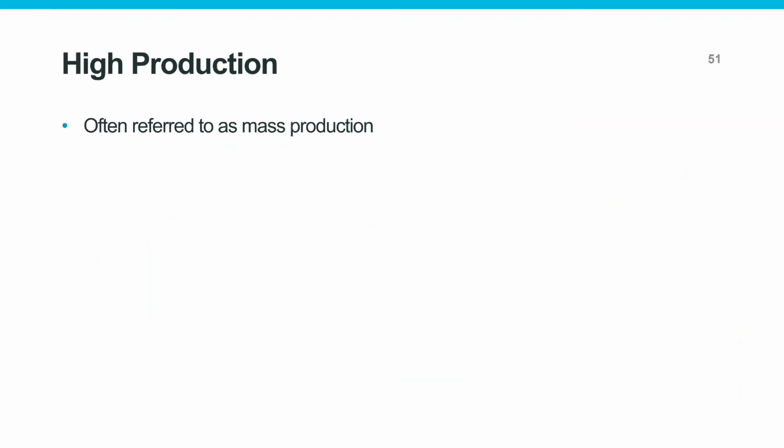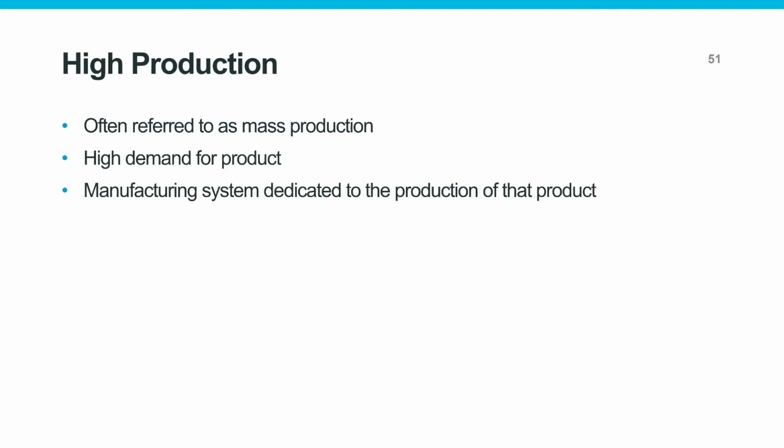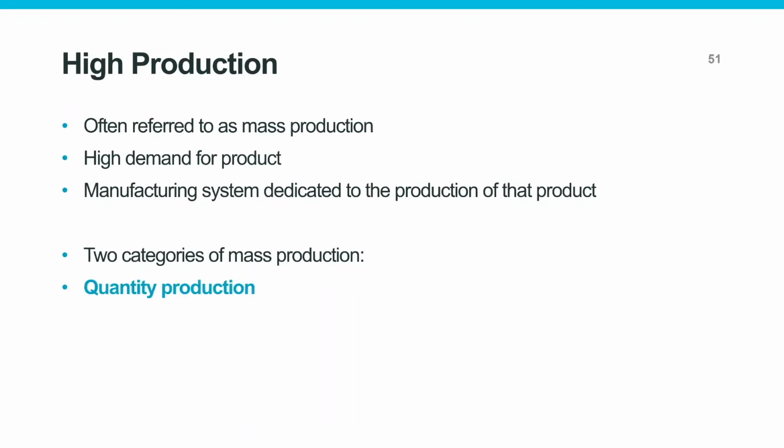High production is often referred to as mass production. Whenever we have a high demand for a product, the manufacturing system is required to work dedicatedly on the production of that product. We can categorize mass production into two different categories, quantity production and full line production.